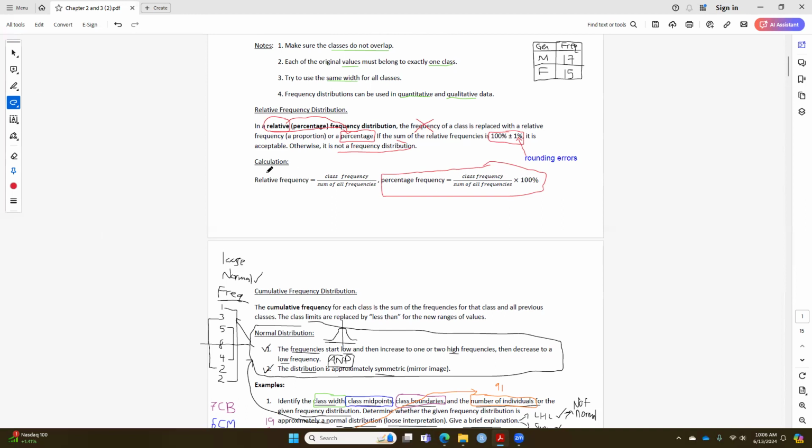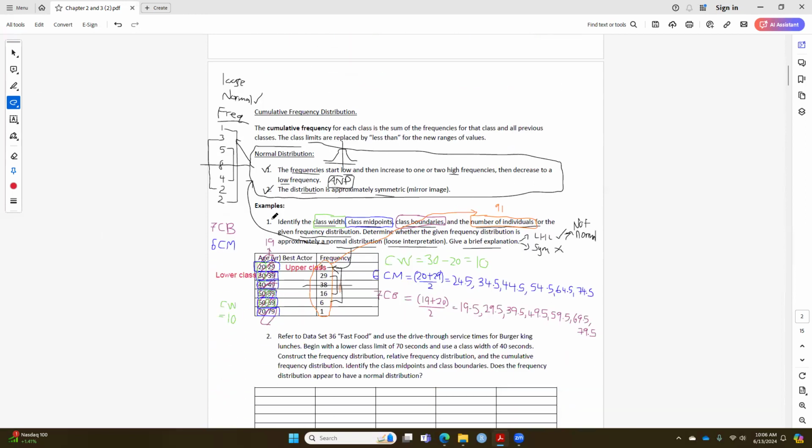Okay. For example, we can change this frequency to become percentages. How do we change these frequencies to become percentages? First, you have to total up all your frequencies, which we know the total in this case is 91.